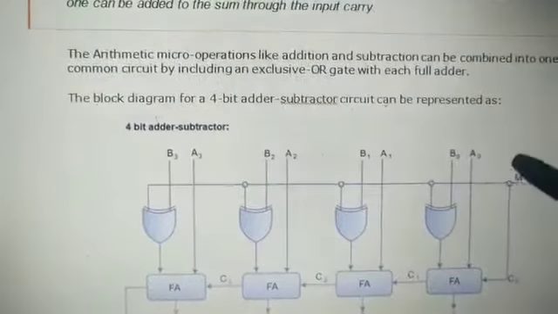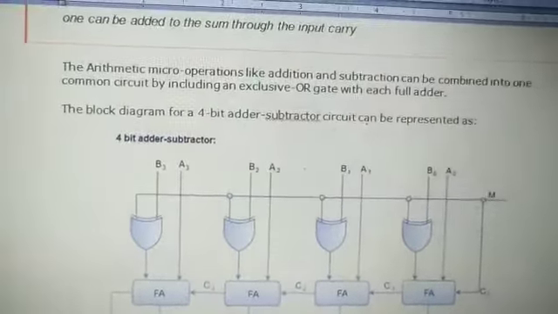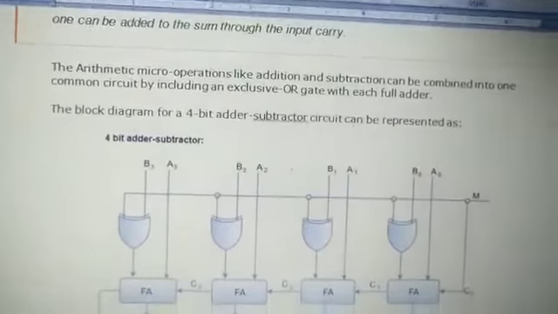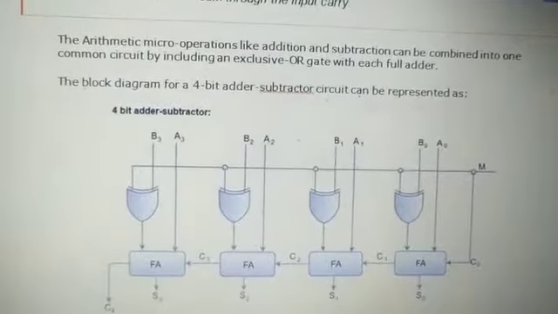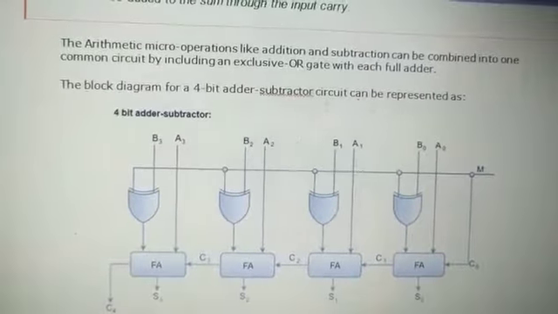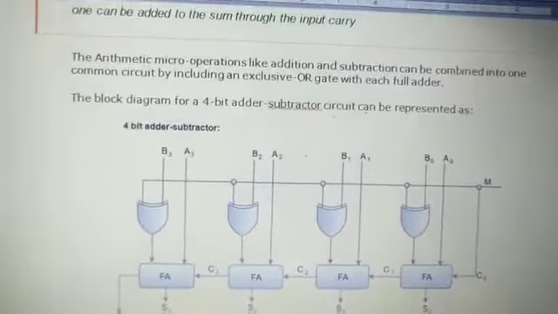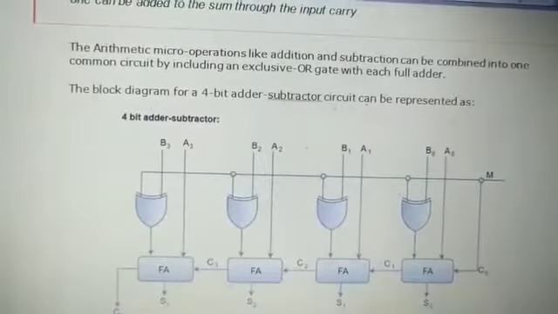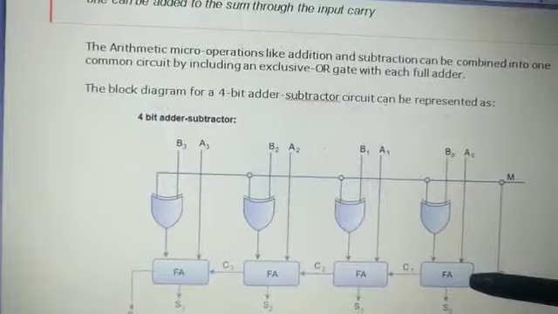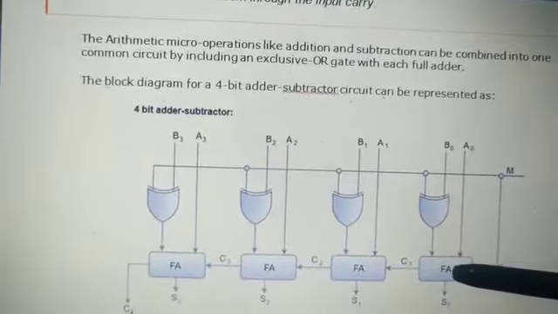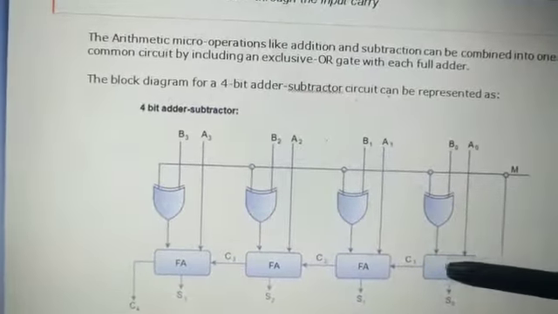Through this M control line, if you want to do subtraction, then we have to pass 1. If the M control signal gets the information as 1 or high voltage, then through C0, that is the C in of the full adder, we will be giving the 1 over here. Then what will happen? Ones complement plus 1.